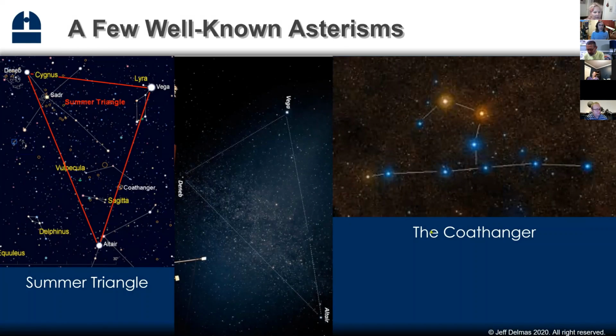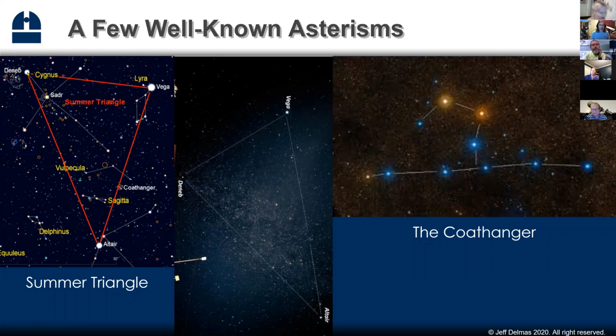And here's one very important asterism, I should say, the Summer Triangle. It's quite prominent right now, and so I really wanted to feature it. It is comprised of Vega, which is the brightest star you'll see overhead in the summer, and that's part of the constellation Lyra.